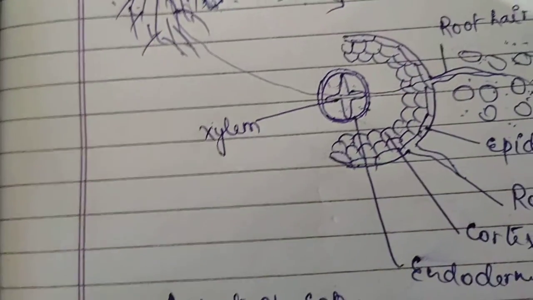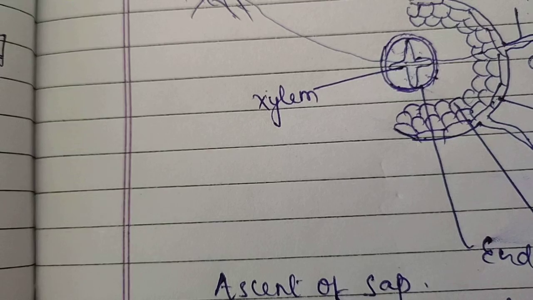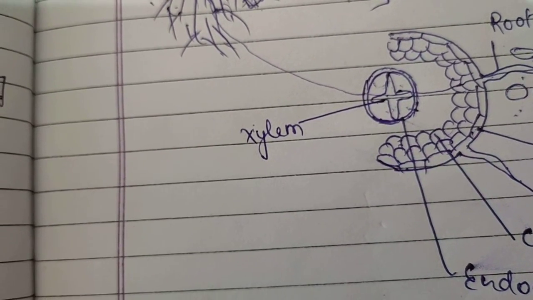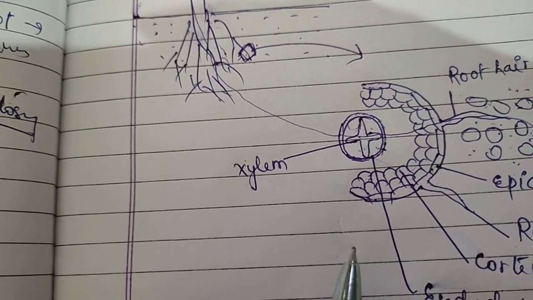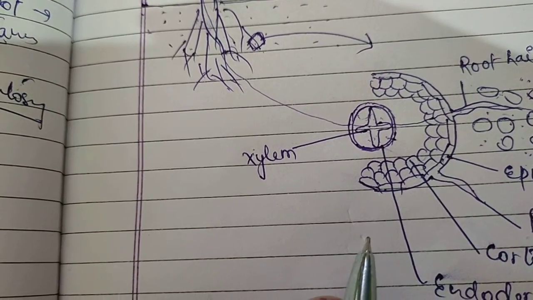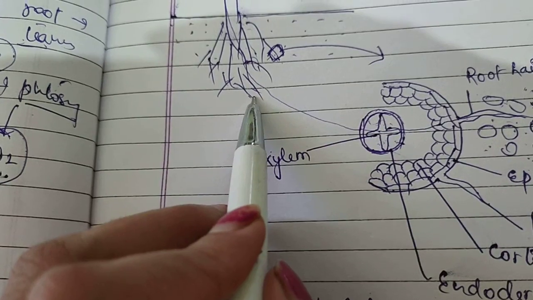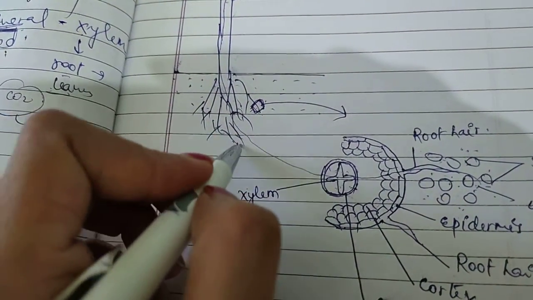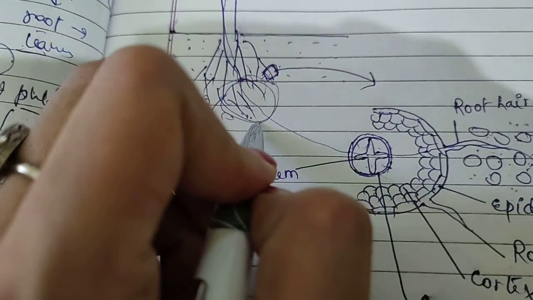So it is the soil in which the water and mineral remain present, and they could be absorbed by the plant very easily. The absorption of these materials occurs through a part of the plant which is in direct contact with the soil. And which part is it? Obviously it is the root.